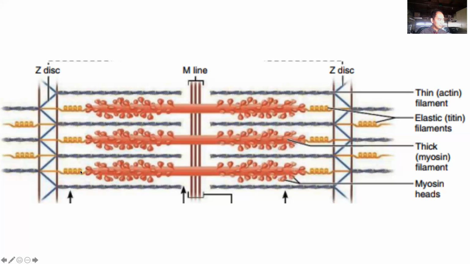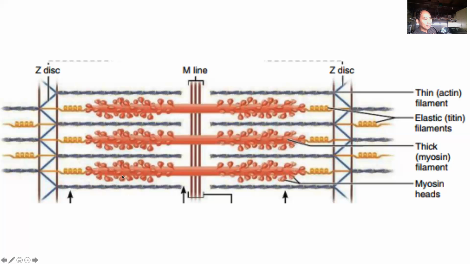When we look under the microscope, the site where we can see both actin and myosin, so this here, in this central area, you will see both actin and myosin. So you are seeing all.